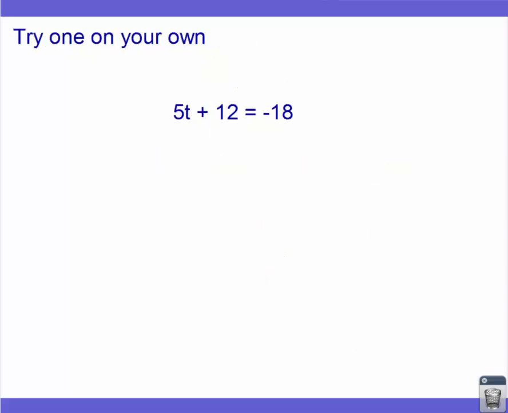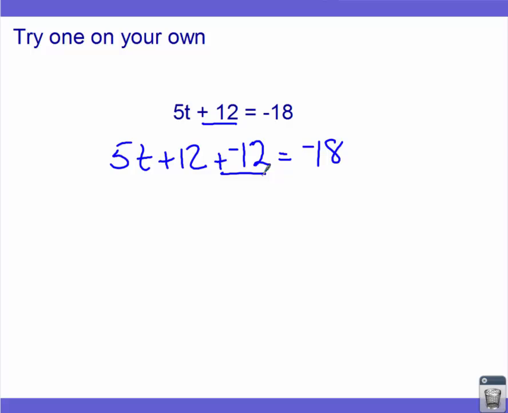And here's another one. 5t plus 12 equals negative 18. Again, our goal is to get the letter by itself. So I start by getting rid of this plus 12. We do that by adding its opposite. So 5t plus 12 plus negative 12 equals negative 18.